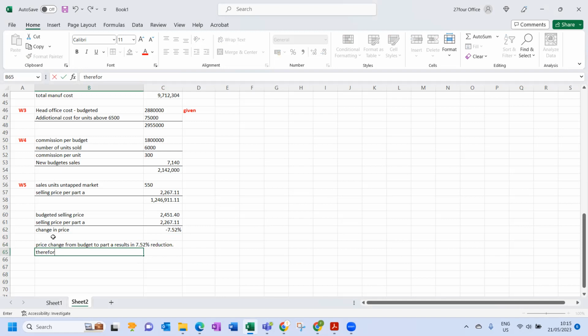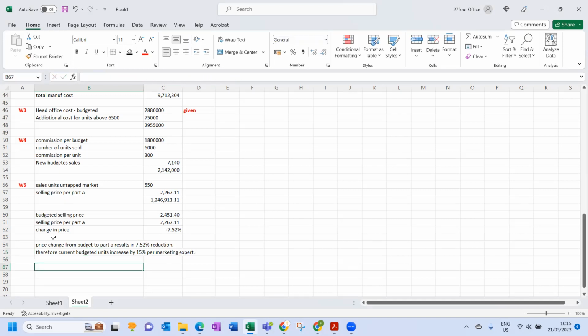Therefore, current budget, budgeted units increase by 15% per marketing expert. So just take note of that.